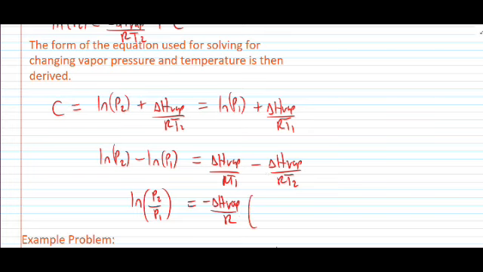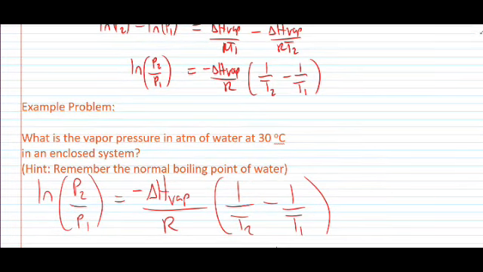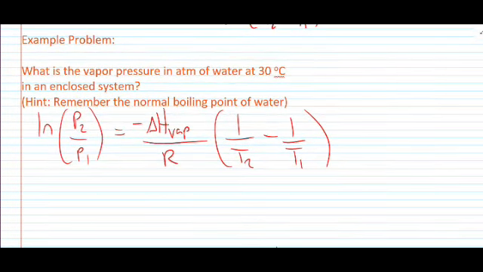And what that's going to do is leave 1 over T2 as a positive, minus this first term becomes a negative 1 over T1. And we finally derived our expression that we use in our calculations for vapor pressure in the Clausius-Clapeyron equation.